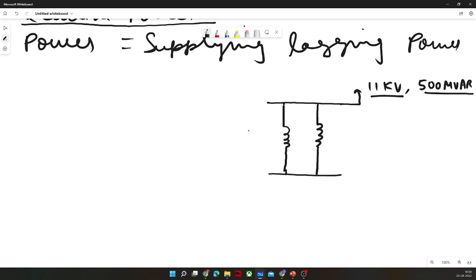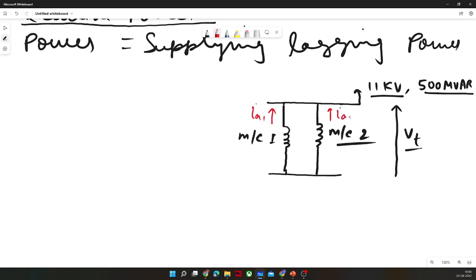Now this alternator 1 or motor 1 or condenser 1, let me write it as machine 1. It is more generalized, and machine 2. Now the terminal voltages are the same. You can write or denote in circuital form. Terminal voltage is the same, 11 kV. Currents are also the same, IA1, IA2.